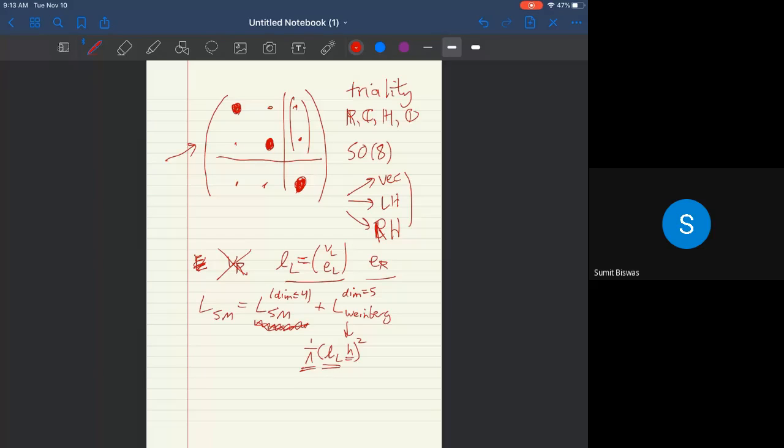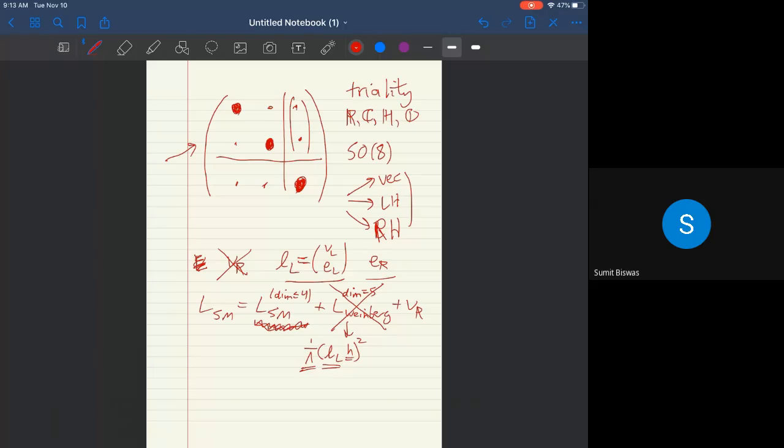The simplest renormalizable extension of the Standard Model that gives neutrino masses, the simplest complete theory which includes neutrino masses, is where you add the right-handed neutrino.